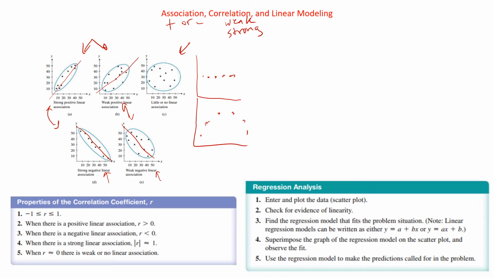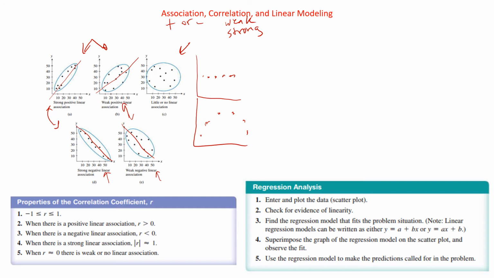We're going to enter and plot the data, so we make a scatter plot. Check for evidence of linearity, especially if it's supposed to be linear, we want to make sure that it actually looks linear. Or if it's quadratic, or if it's cubic, we want to see what shape it looks like, because that's what we want to do. We wouldn't want to try and put a line on a quadratic model, that wouldn't work out.